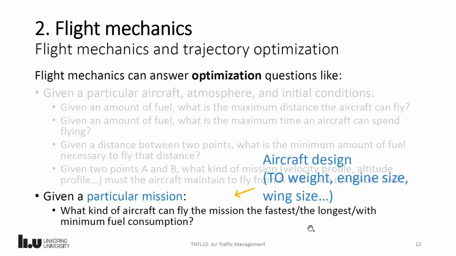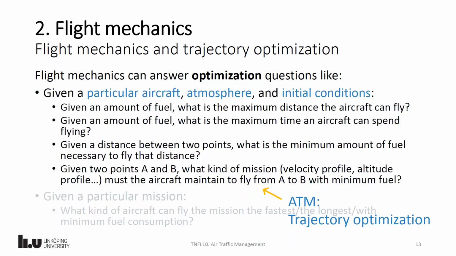So this question over here is in the realm of aircraft design. For example, to design the aircraft, we have to take into account the takeoff weight, the engine size, or the wing size. So which kind of aircraft is going to be the best for a particular mission? That is something aircraft design has to work with. But we, in ATM, are going to be looking at this question over here.